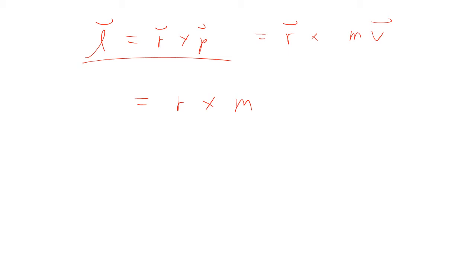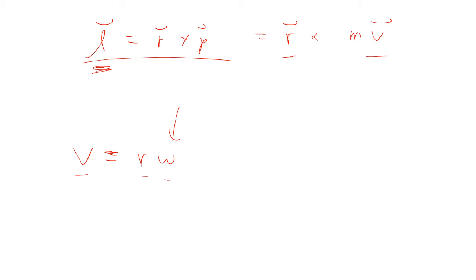Now we start getting into problems with the vectors and definitions, because we know that V equals R omega, but the direction of V is not the same as the direction of omega, because omega is perpendicular to how the motion actually is. So this would mean that L is perpendicular to R and V. So L is going to be in the same direction as omega right here.